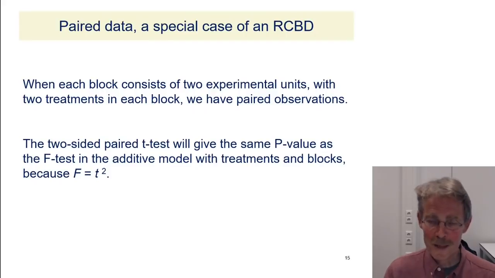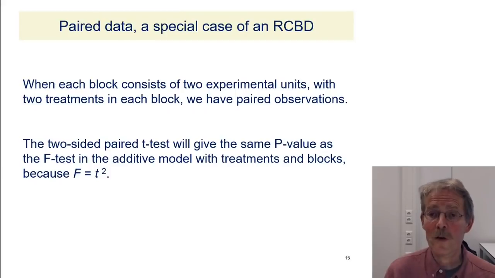Okay, you have seen blocking before. You didn't know, but in the first week we had paired observations. The most extreme example I think in the book is with twins. Paired observations are basically blocks of size 2. And with paired observations we used a paired t-test.